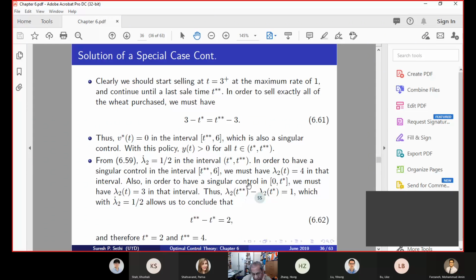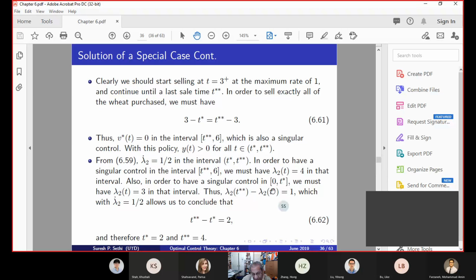So my lambda 2 has to stay at 4. In order to have a singular control in 0 to T star, we must have lambda 2 of T equal to 3. So I should have lambda 2 at double T star minus lambda 2 at T star equal to 1, because it has to change. Lambda has to change from 3 to 4 when it goes from T star to double T star.